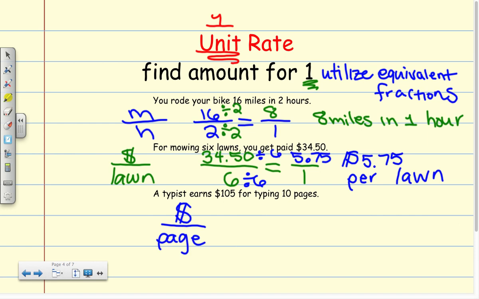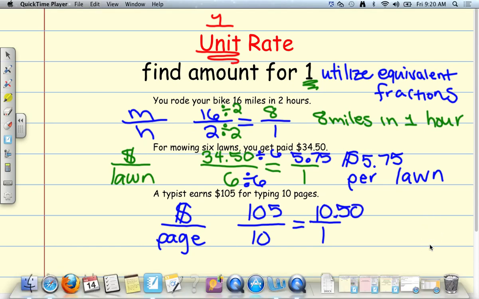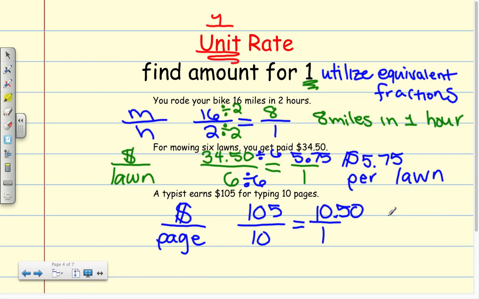So when she gets $105 for 10 pages, I want to see what that equals for 1. So what did I do to the 10 to get to the 1? Divide by 10. So I'm just going to divide the top by 10, and I get 10.50. So what does this mean, class? Per page, right? So this typist makes $10.50 per page.